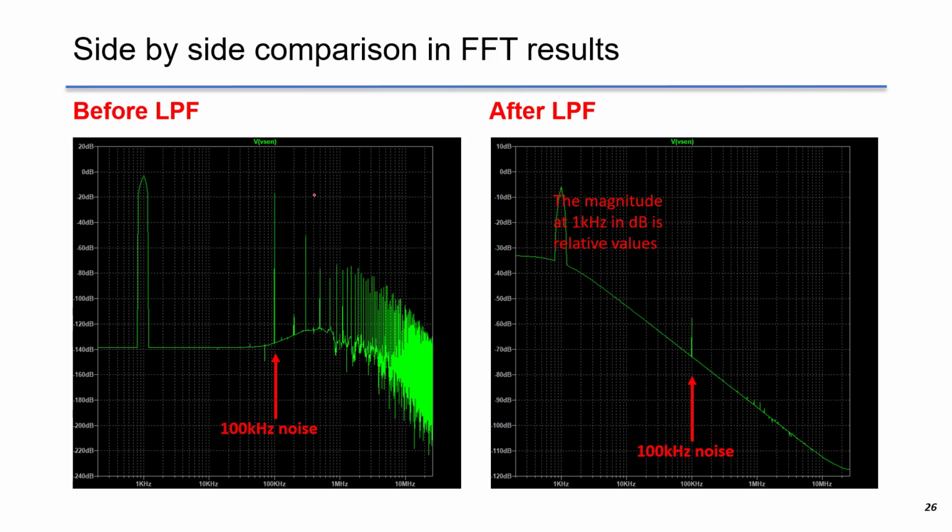This is just a side-by-side comparison in the FFT result. Before adding the low-pass filter, we have a significant amount of 100 kHz noise at this part. By using the low-pass filter, 100 kHz is greatly attenuated, about minus 60 dB.